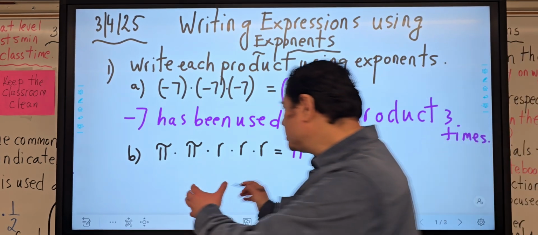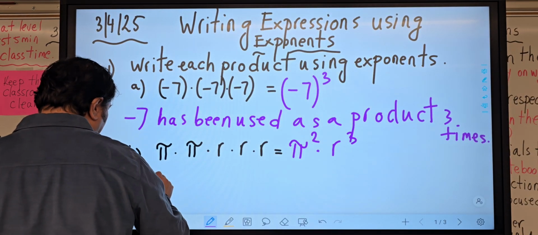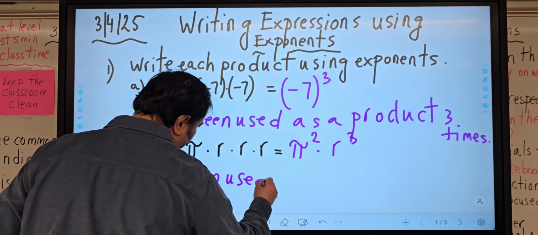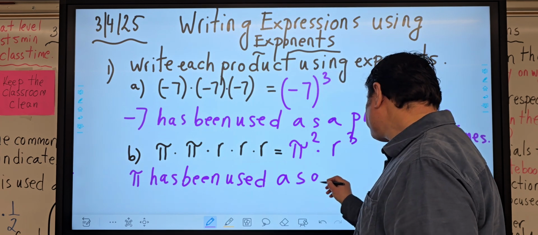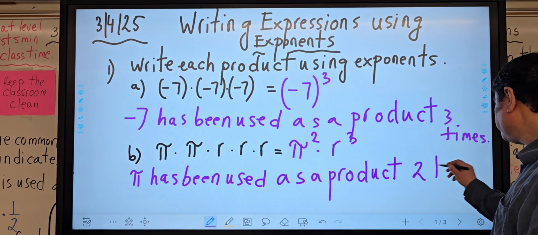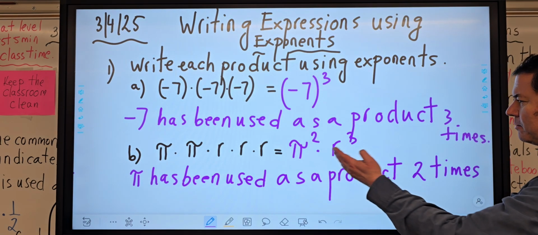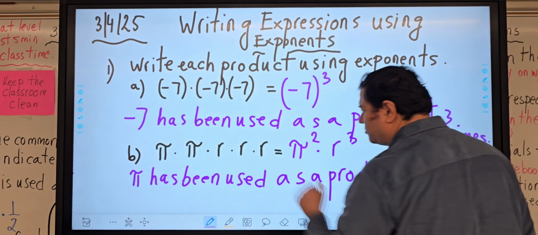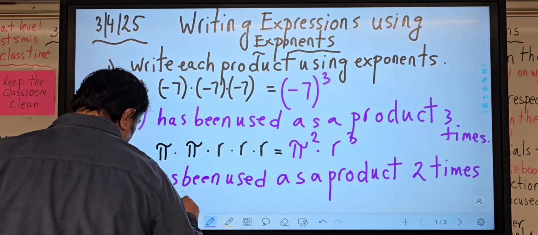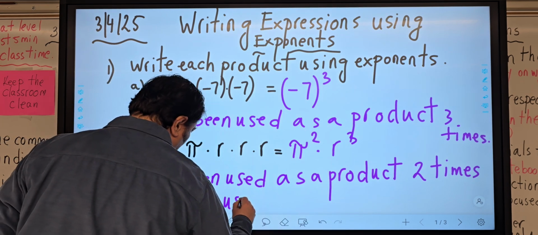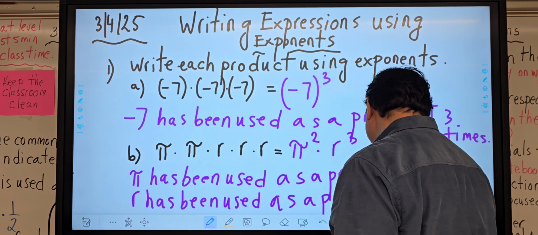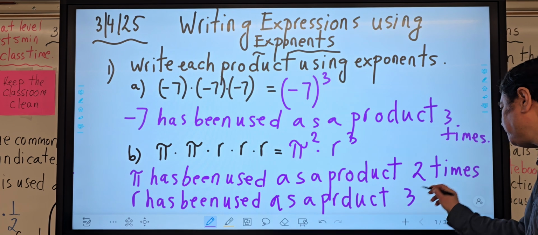And the same thing, because pi has been used as a product 2 times, and r has been used as a product 3 times.